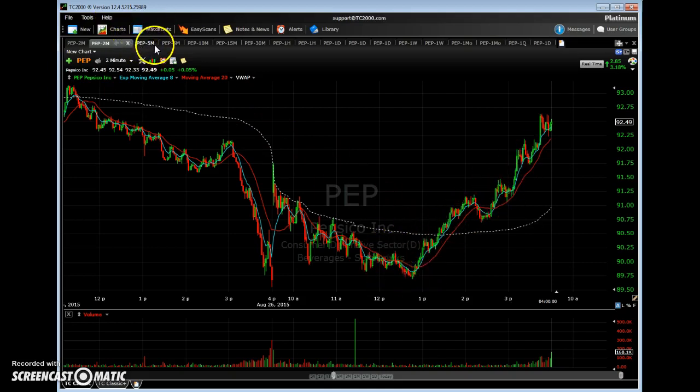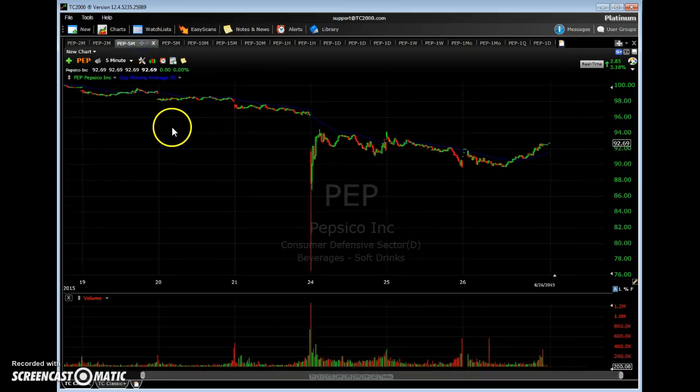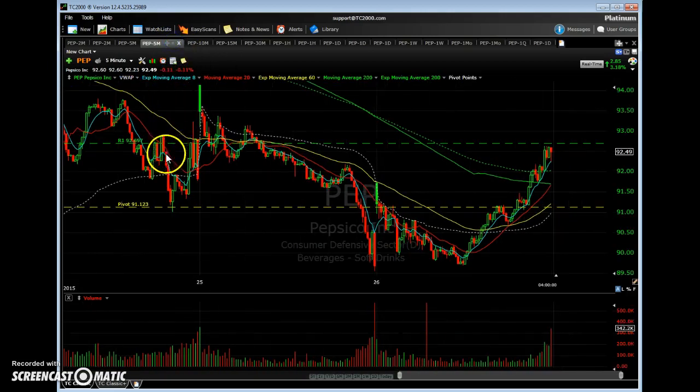The other one that I keep up is a 5-minute chart with pre and post market with a 55 EMA. That's this dotted blue line right there. And then I also keep up a regular market hour 5-minute chart with VWAP, 8 EMA, 20 SMA, because I'm looking for the 8 EMA crossing the 20 SMA, a faster moving average crossing a slower moving average.